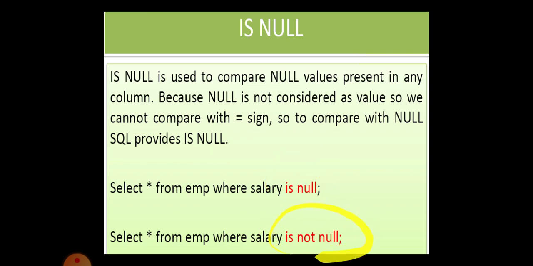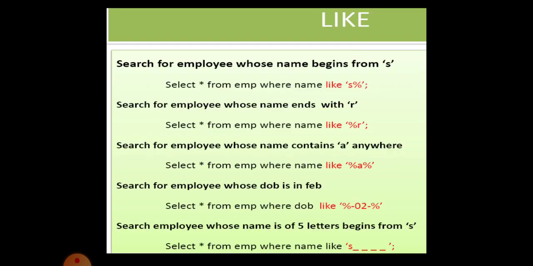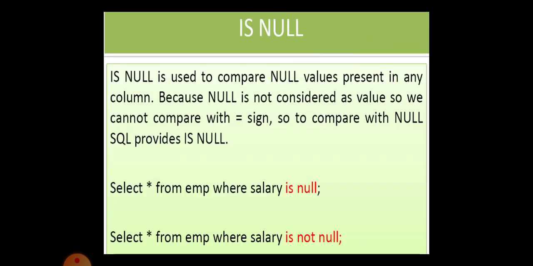IS NOT NULL is the complement of the IS NULL clause. LIKE also we can complement by putting NOT between the column name and the LIKE. So we can give select star from employee where name not like, if we want to give a complement for the LIKE clause. So IS NULL can be complemented with IS NOT NULL. So it will retrieve the values which do not have any null values.